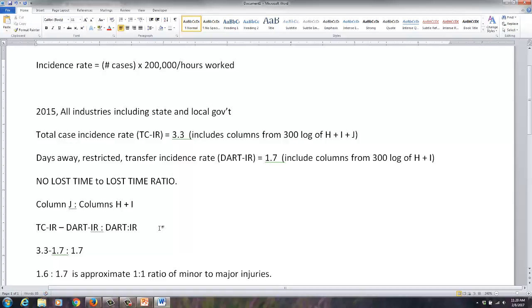So what we expect to see based on the BLS, and again, this is underreported, so this is very conservative. If you recall, Heinrich would have said it was 29-to-1. Bird said it was 10-to-1. Nationally, we're saying it's 1-to-1.